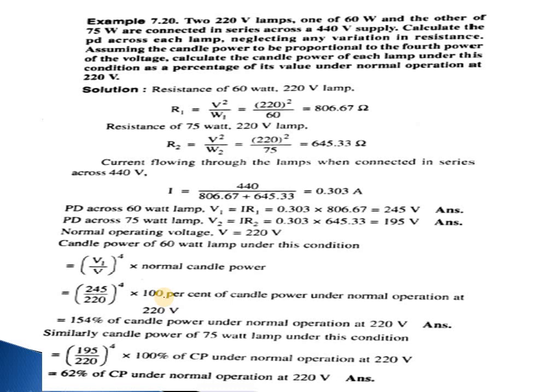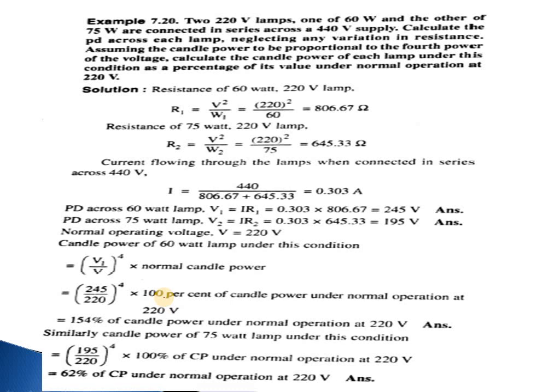Calculate the PD across each lamp, neglecting any variation in resistance, assuming the candle power to be proportional to the fourth power of the voltage. Calculate the candle power of each lamp under this condition as a percentage of its value under normal operation at 220 volt. So let us solve this problem.